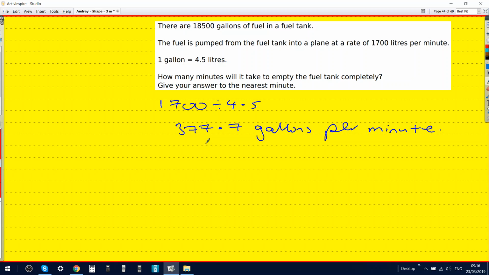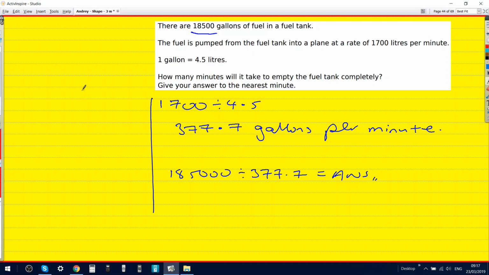Oh no, I'm not sure. So they have 18,500 gallons in the fuel tank. Yeah. They pump 377.7 per minute. How many? Do I need to do 18,500 divided by 377.7? Yeah. That's it. And that gets you your answer.